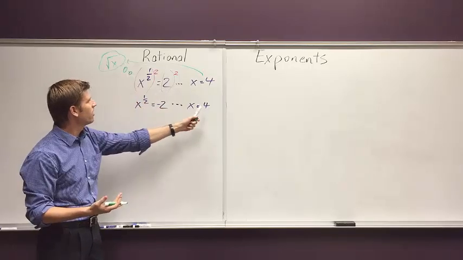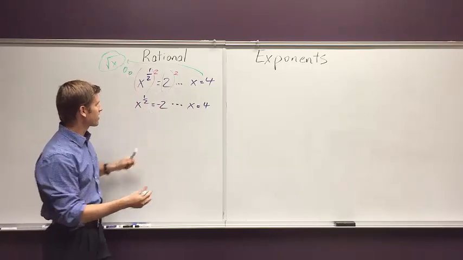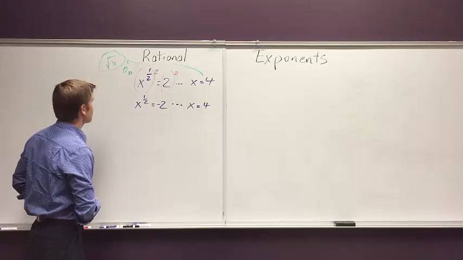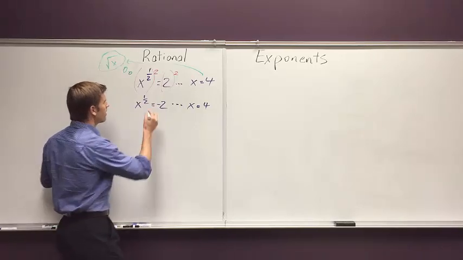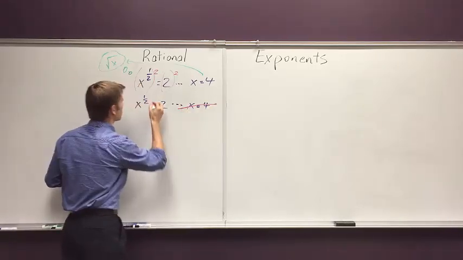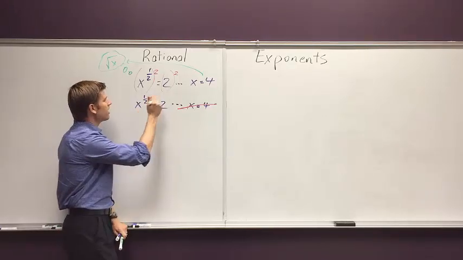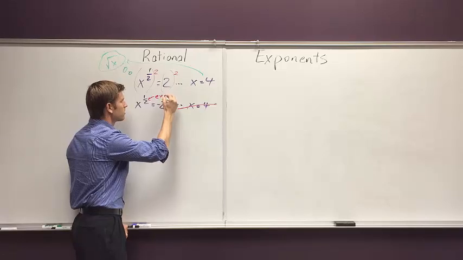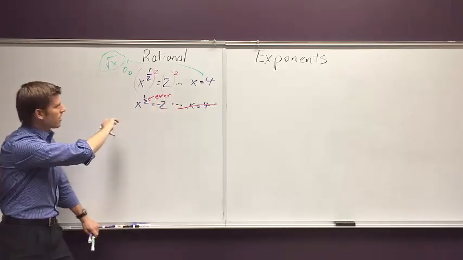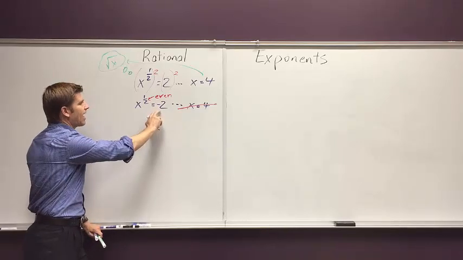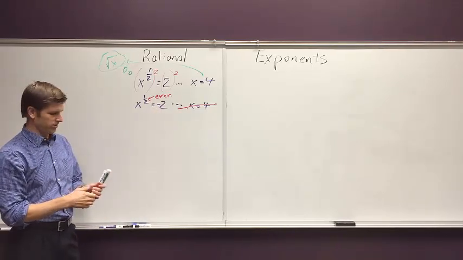This works fine. But if you took this and put it back into the equation, you would get a big fat no. So this doesn't work because even denominators don't actually allow for negative outputs, okay?